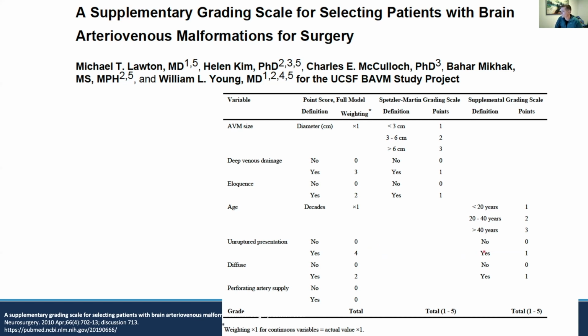So a rupture is a good thing. Unruptured is bad. You get a point for being unruptured. And then diffuse, this idea of, do you have any intervening functional neuronal tissue in and amongst the nidal vessels? If you can draw a circle around the nidus, that's considered compact. That's good. Diffuse is not necessarily good.